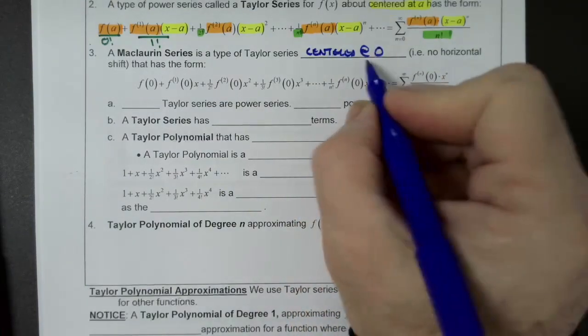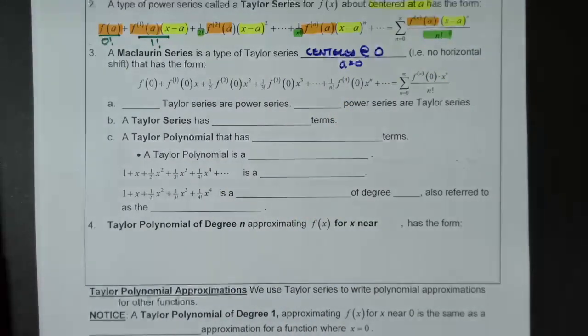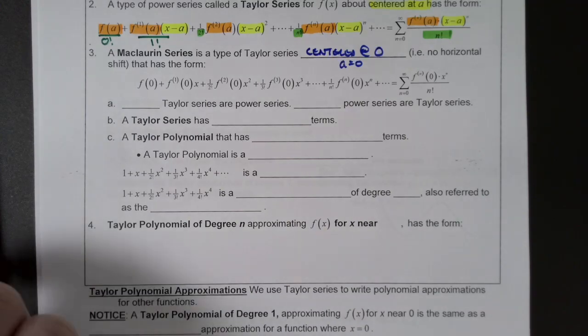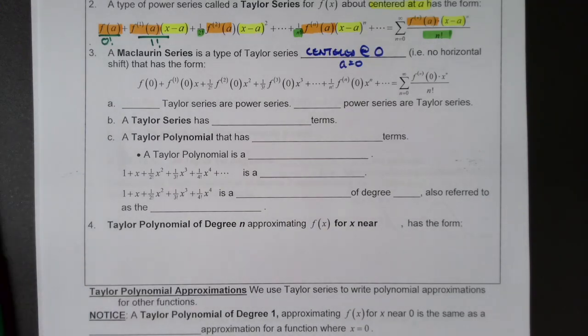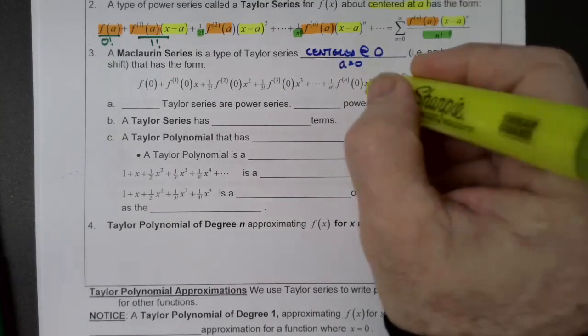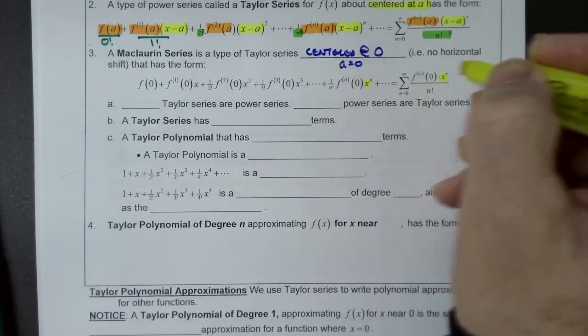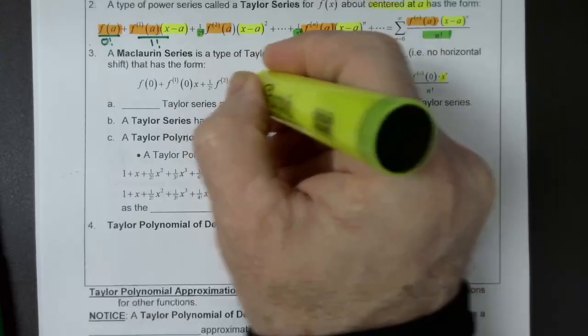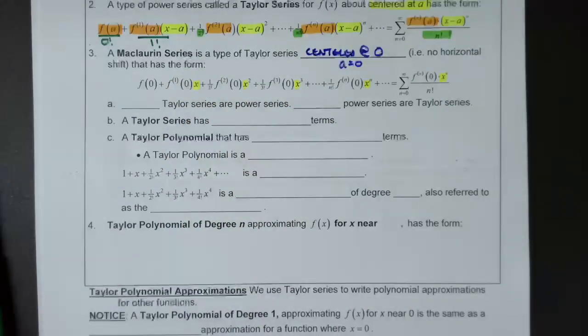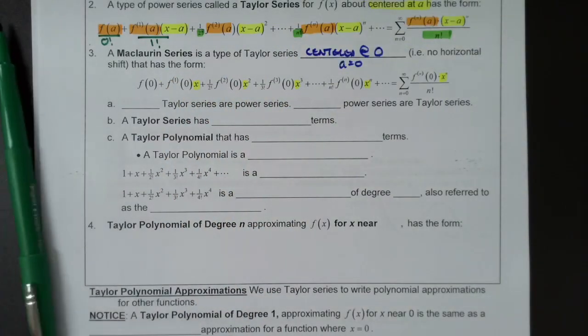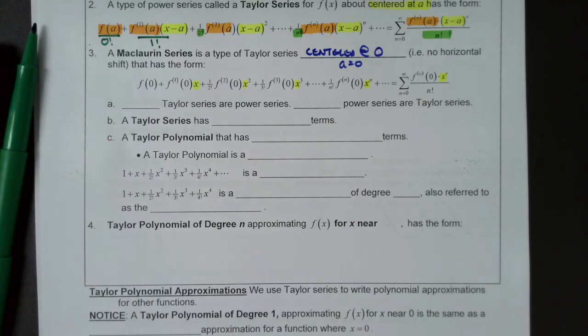In other words, a equals 0. We're not going to shift this at all. And I'll write the same thing down without any x minus a's. I'll make sure I publish this, and just by doing that, I'll name it after myself, and I'll call it the Maclaurin series.